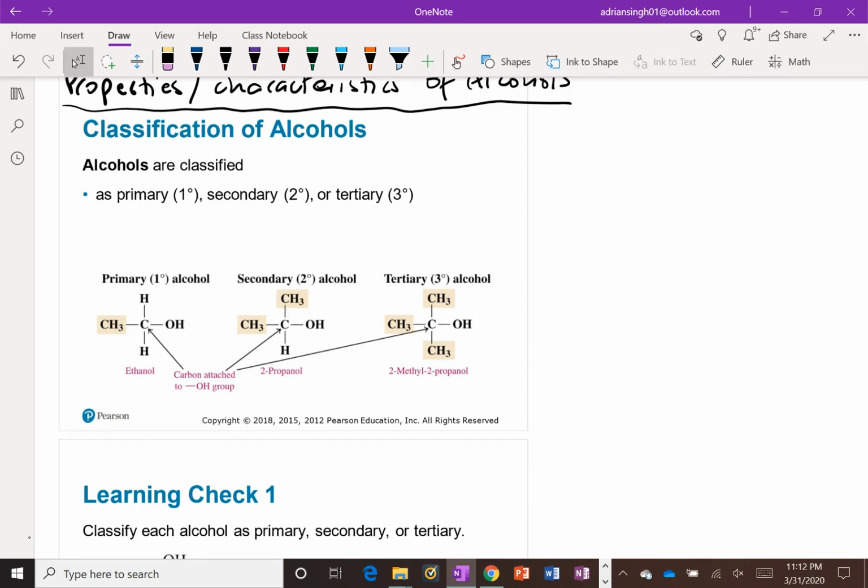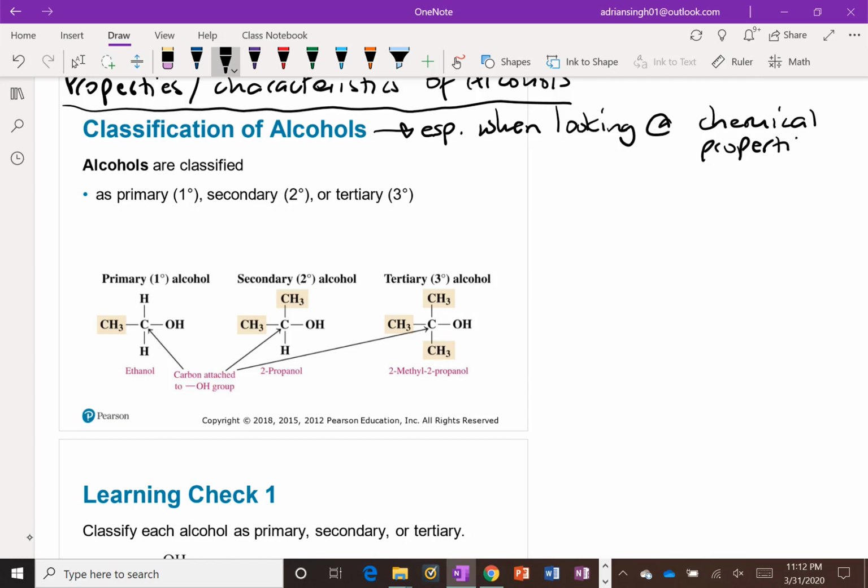This is going to be extremely important, especially when looking at the chemical characteristics or the chemical properties, because the type of alcohol that you're dealing with actually determines the types of reactions that it is going to undergo.